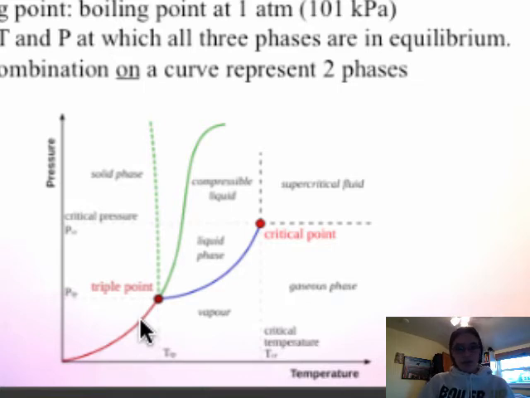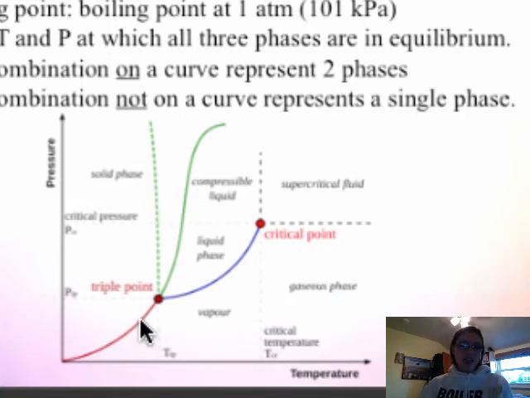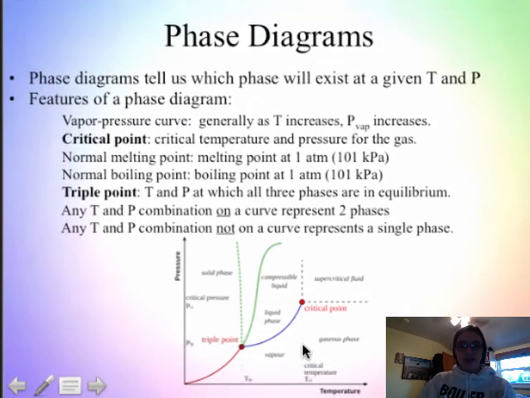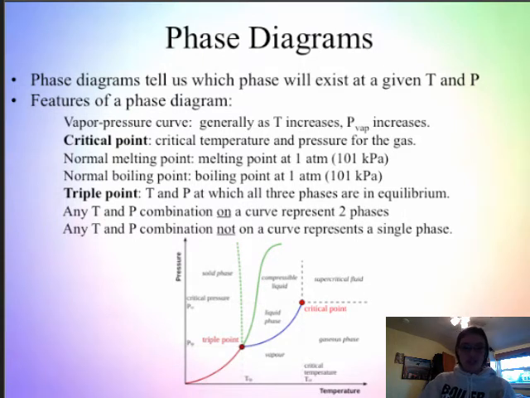They're either melting or boiling or freezing at the same rate, and so you have both states of matter. Any temperature and pressure combination that's not on a curve, so if we have a point out here on the graph, represents a single phase or a single state of matter.